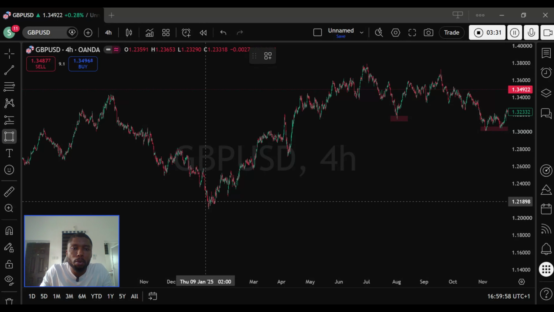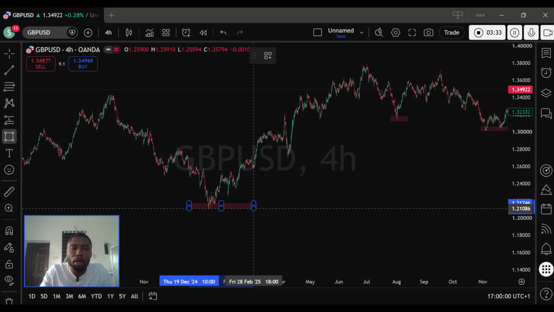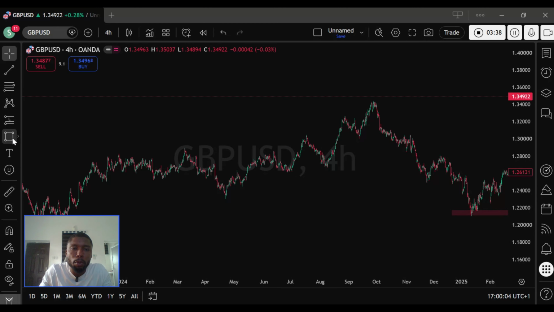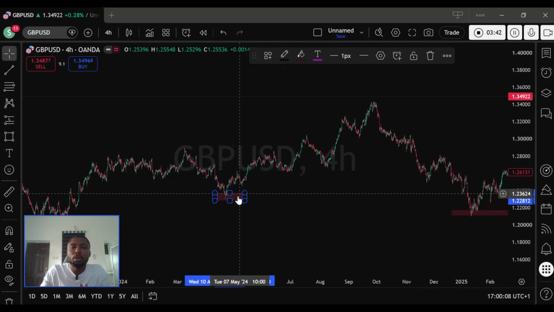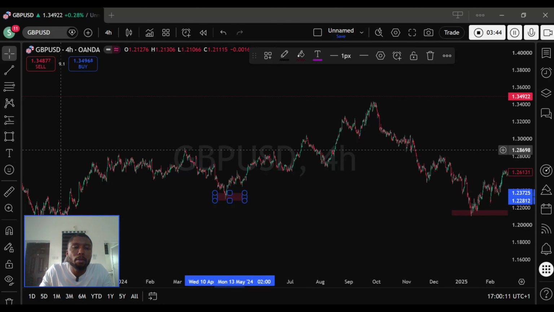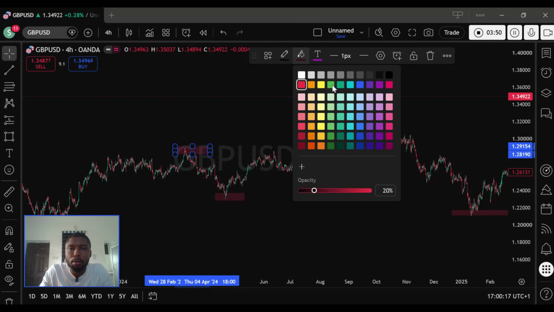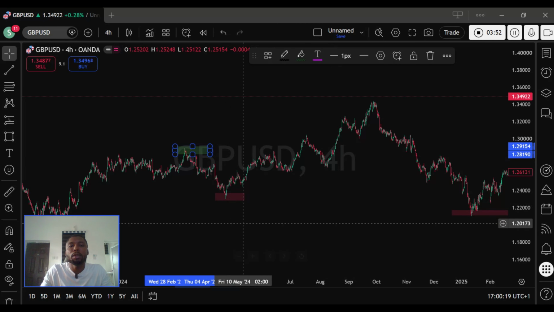This is a support level, right? The bottom is support, the top is resistance. It's that simple. This is resistance. This is support, this is resistance. So we're going to denote them as green and red.